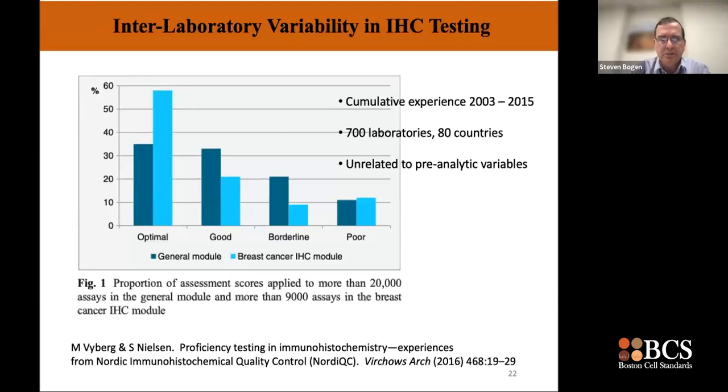Namely, the same small group of pathologists read all of the participants' slides as a group, minimizing variability in the readout itself. We don't do that here in the United States. And the data show that consistently, year after year, approximately 10% of labs fail or are in the poor category, and another 10 to 20% are borderline.